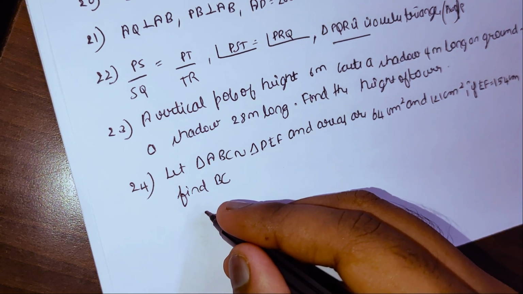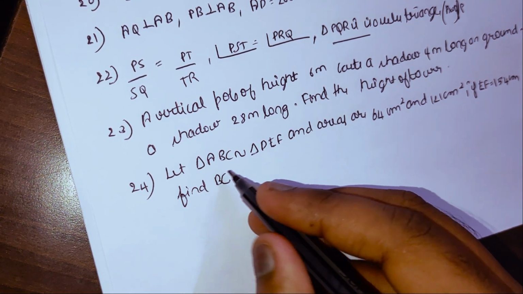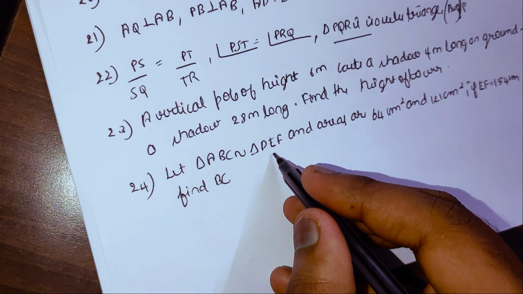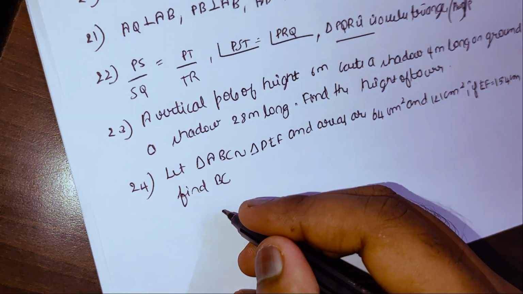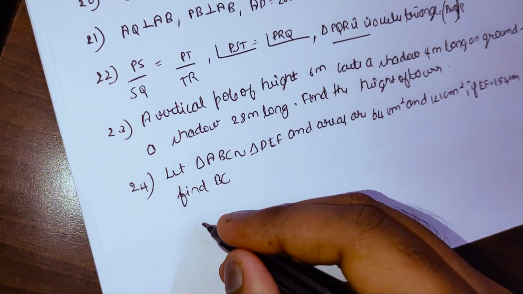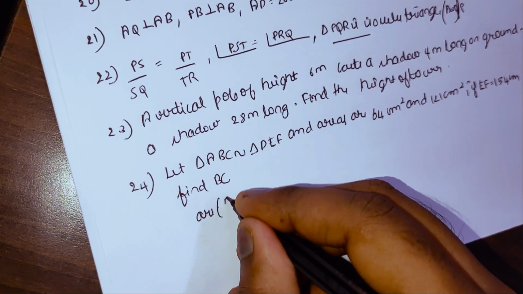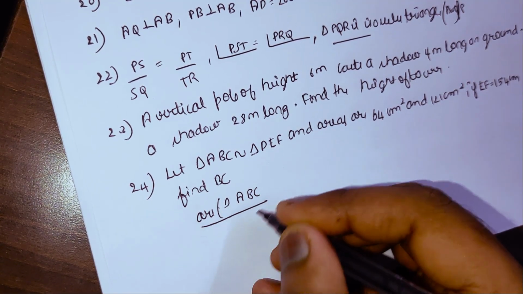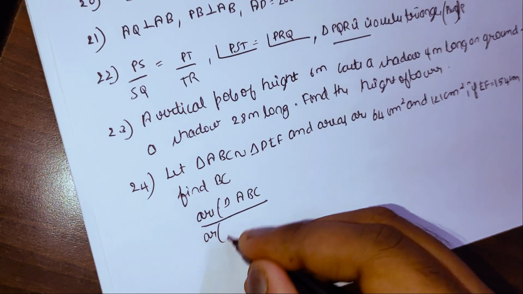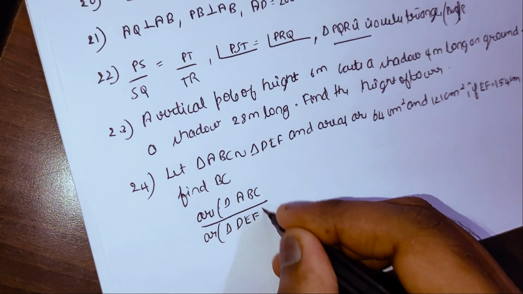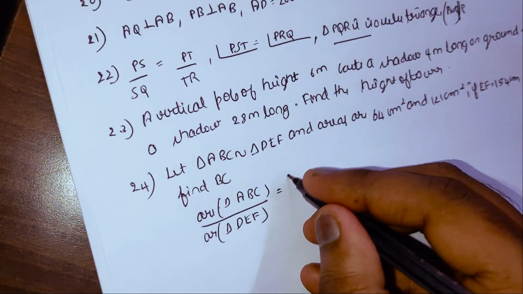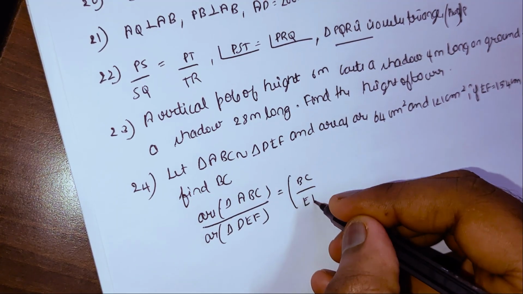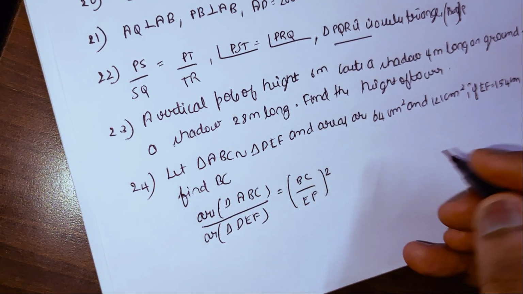I'll solve this. Triangle ABC is given as similar to triangle DEF. So area of triangle ABC divided by area of triangle DEF is equal to BC by EF whole square.